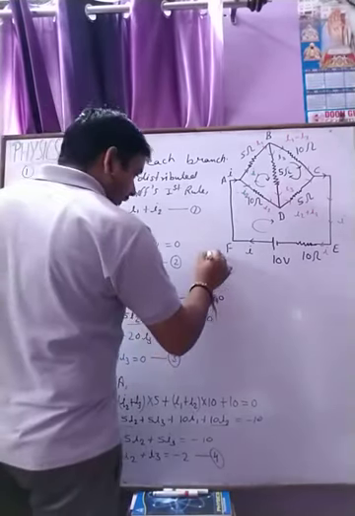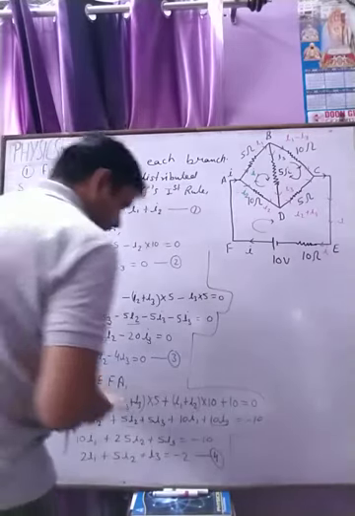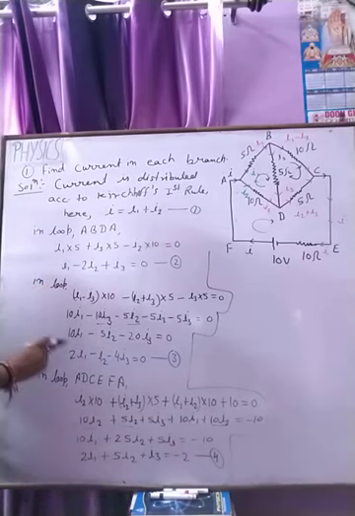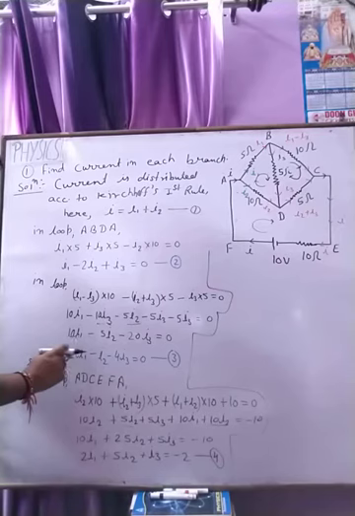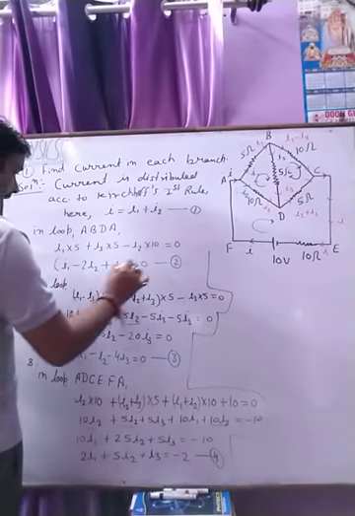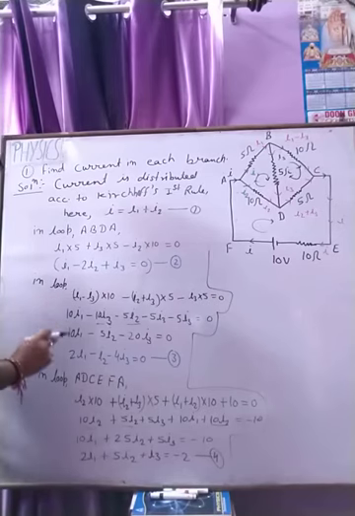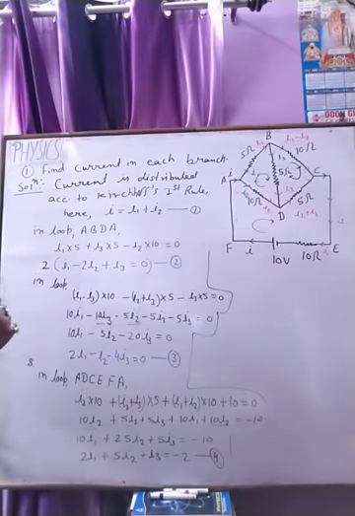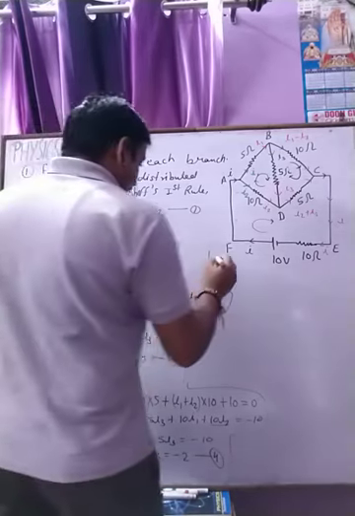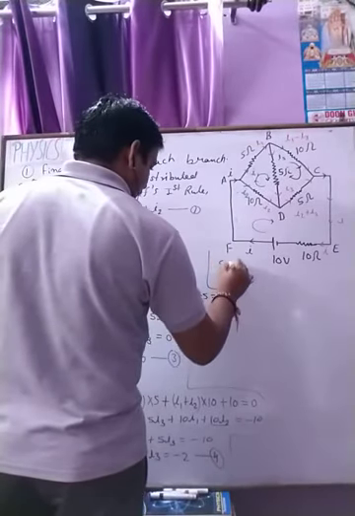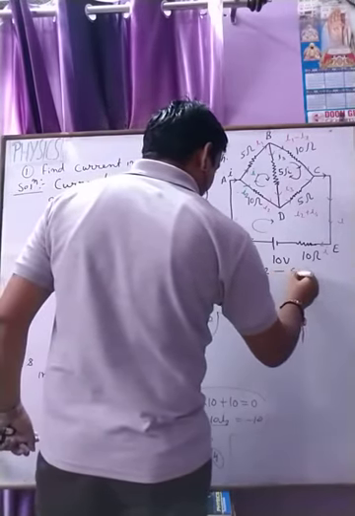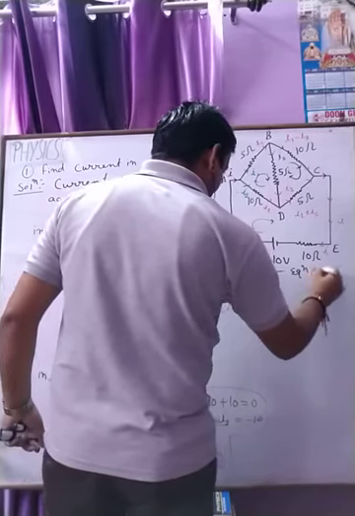Now we are going to solve all these equations. First, we multiply equation second by 2 and subtract it from equation third.